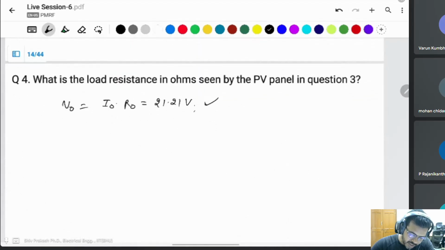And what is the input resistance? It is the same as the load resistance for the PV panel. You mention load resistance for the PV panel, not the load resistance for the converter. Load resistance for the PV panel is the input resistance of the converter.